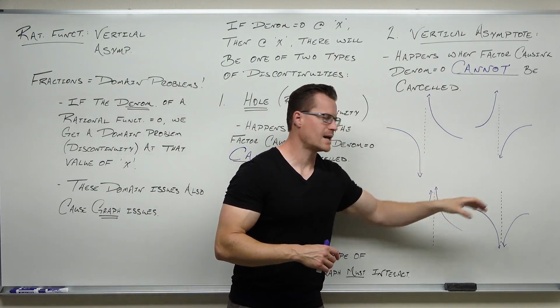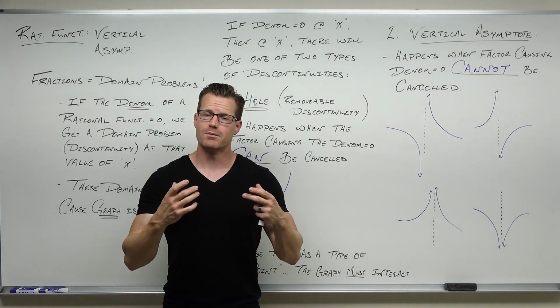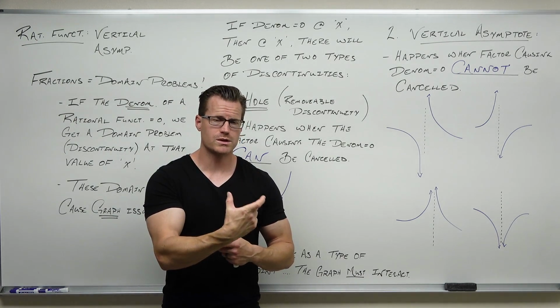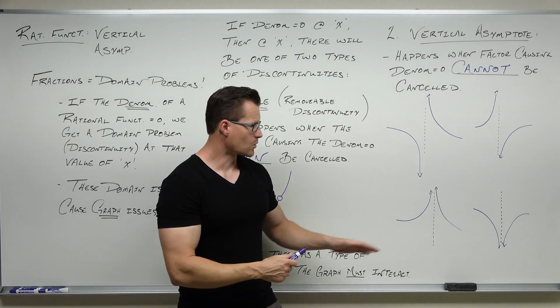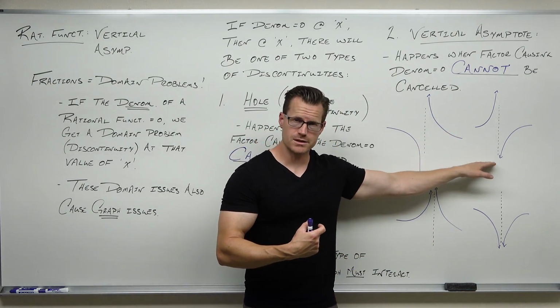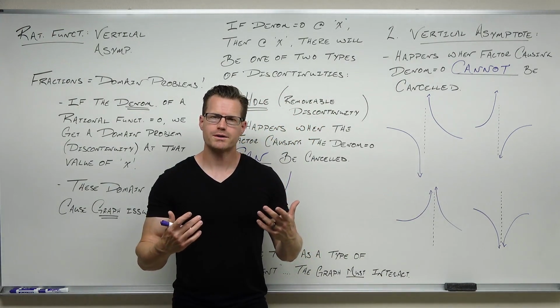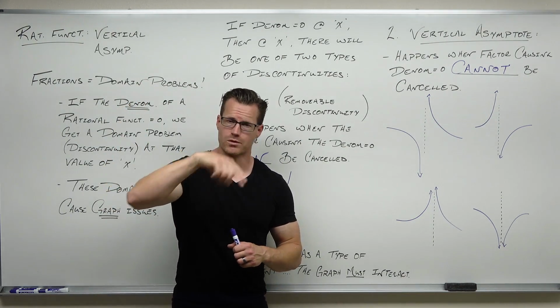Where these 4 cases happen is kind of interesting. Man, I hope you remember multiplicity. If the multiplicity of the factor that's causing your denominator to equal 0 is even, you're going to get one of these 2 looks. If it's odd, you're going to get one of these 2 looks. So odd multiplicity had a lot to do with whether we're crossing the x-axis, and even had to do with whether we're bouncing.